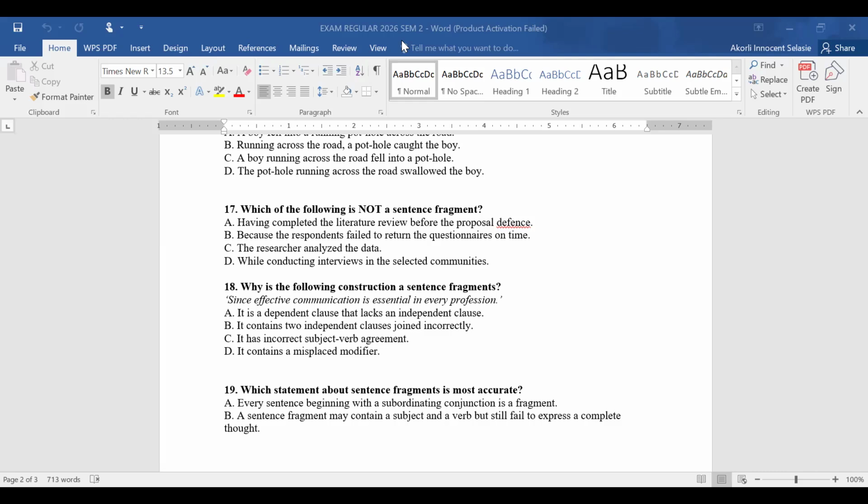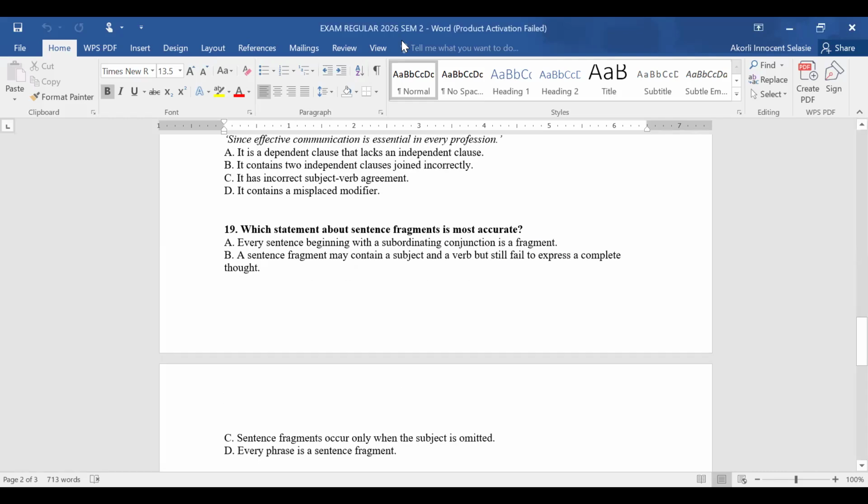Now 19. Which statement about sentence fragment is most accurate? A. Every sentence that begins with a subordinate conjunction is a fragment.